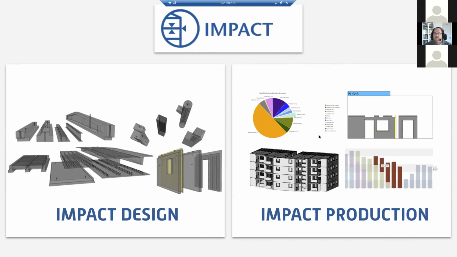For example, you see the Impact Production tool, which is basically something where you actually plan. Okay, this element needs to be constructed first. So we plan that one. We put that in the forms first, and then we cast it. We do it in a particular order. You say this one is done.